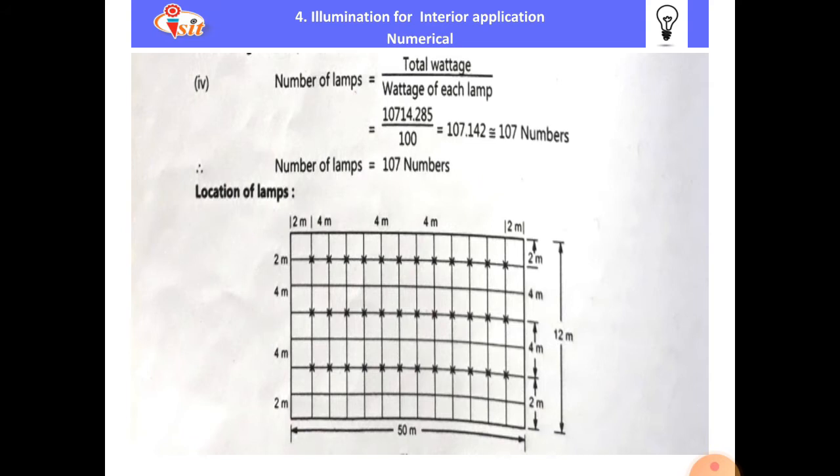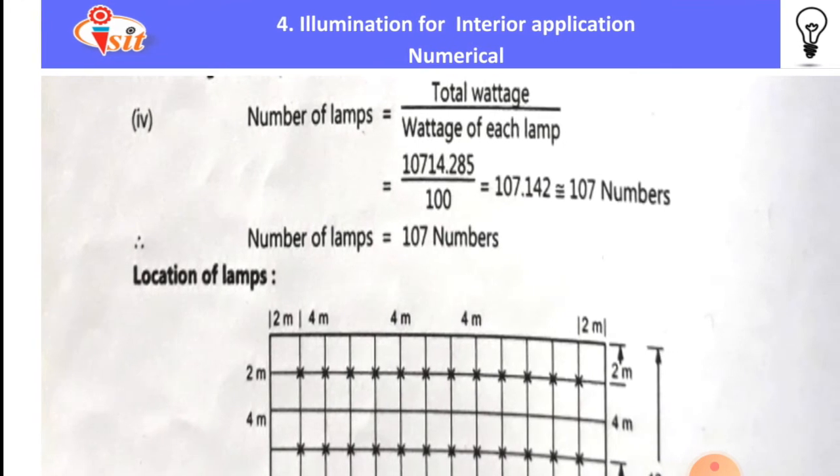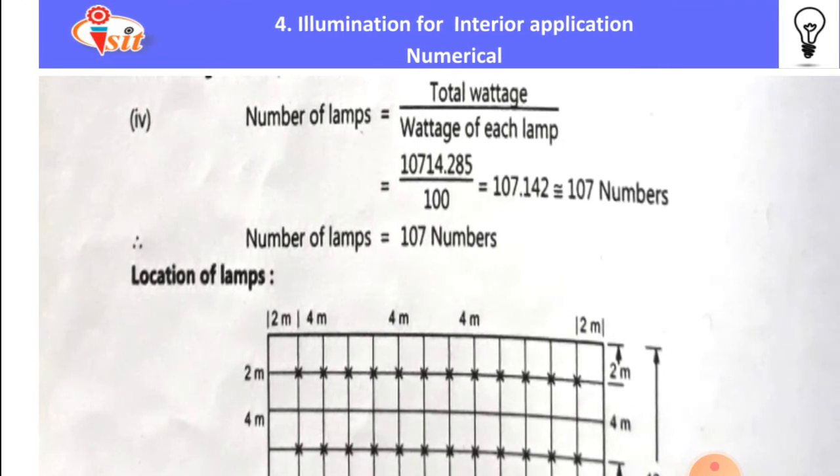Dividing 10714.285 by 100, there are 107.142, that is approximately 107 lamps required.